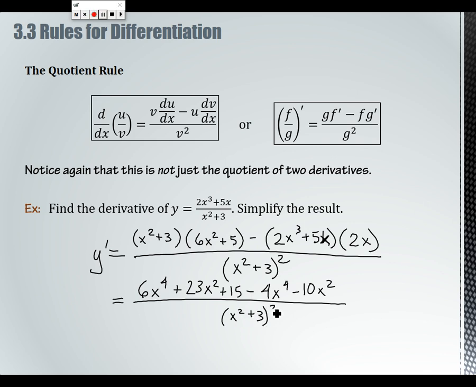All right, this is a lot of symbol pushing, but here's a fine result. What do we get? Looks like 2x to the 4th plus 13x squared plus 15. Can someone confirm, please? Over x squared plus 3 quantity squared.